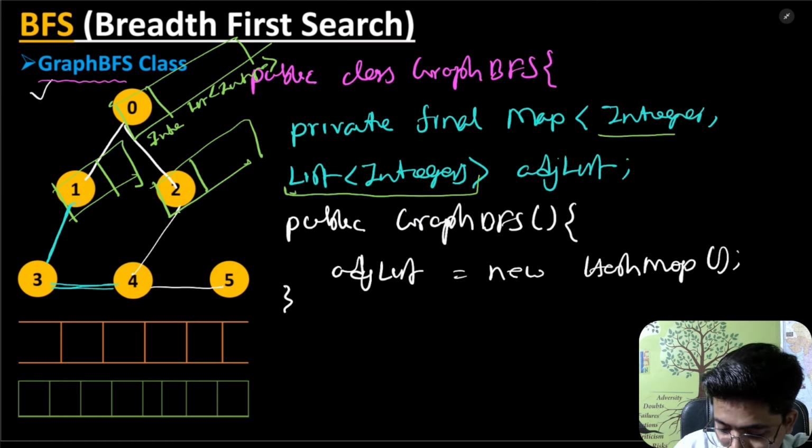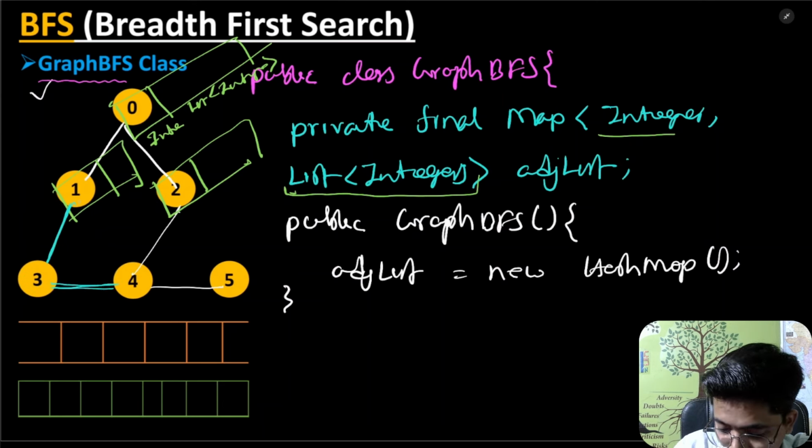Now once we have created the queue, whenever we have a start node, we are provided with the value. To initiate the program, we will directly insert this start node 0 into the queue. Whenever we add any node in the queue, we'll be adding that node in the set also, because we have to track.